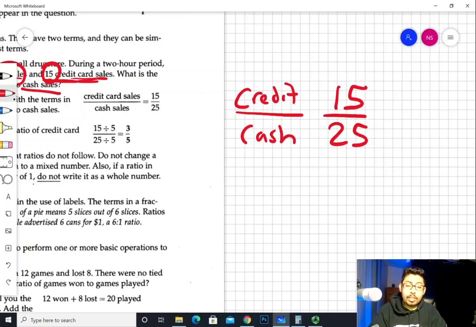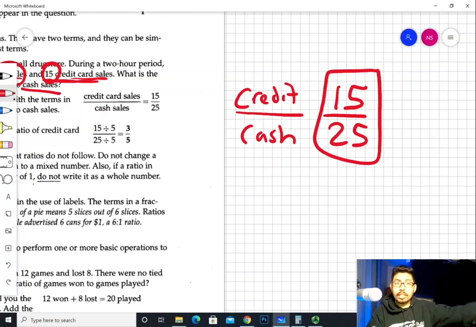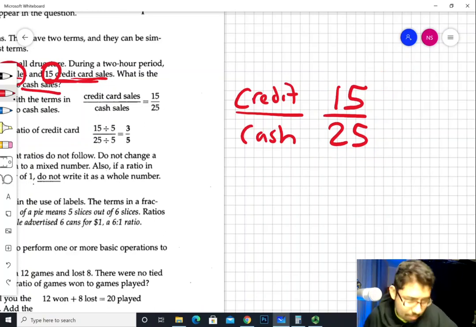On the calculator, you just have to put 15 over 25 using the fraction button, which please go look at the calculator video to see how you could simplify fractions easily on the calculator, right?